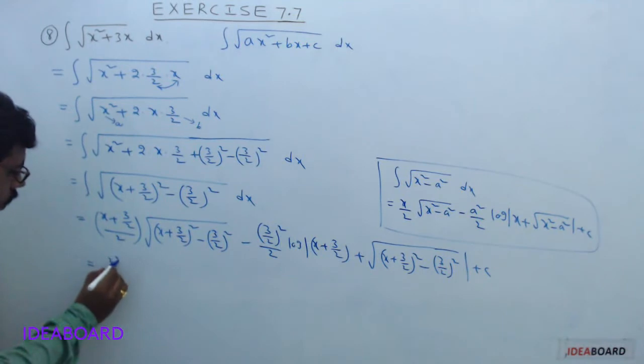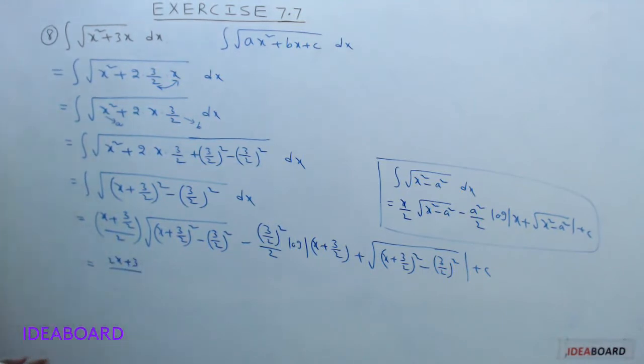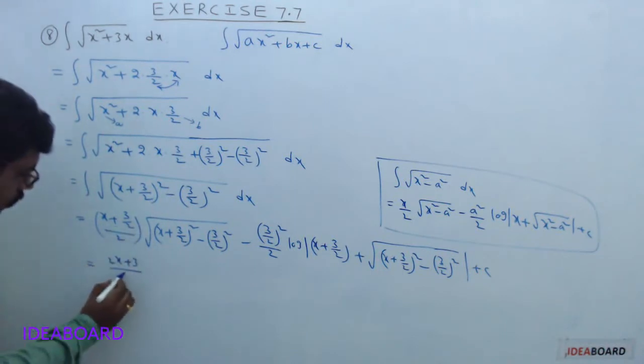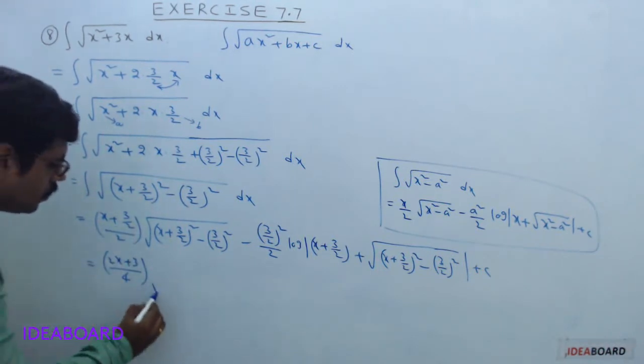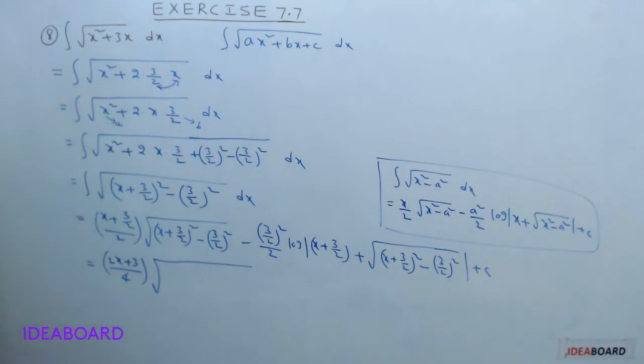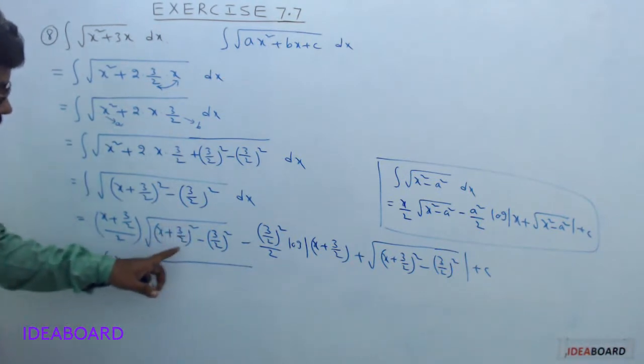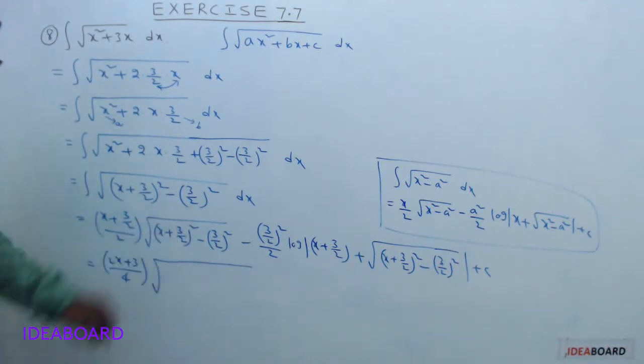So this is 2x plus 3 divided by, this 2 will be transferred to the denominator, 2 into 2, 4, into square root of, here this term is of the form a plus b whole square.